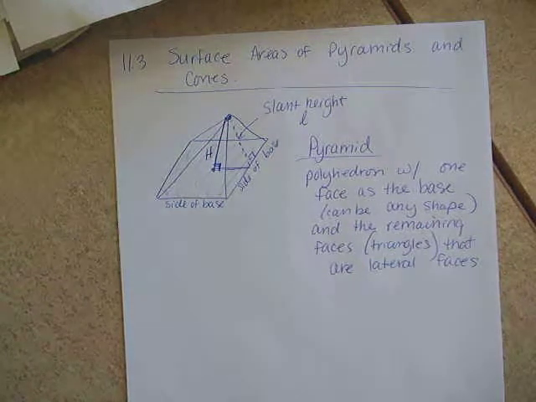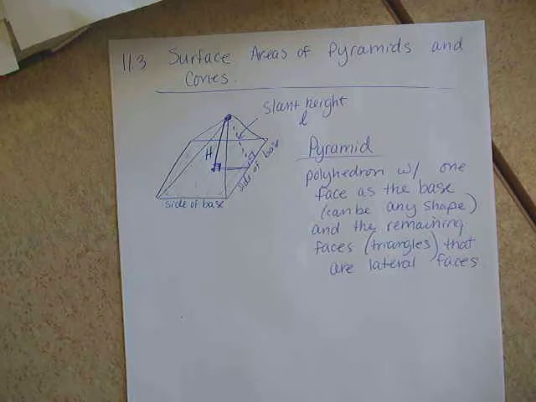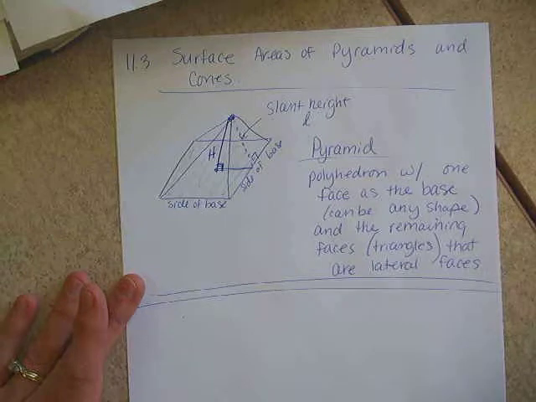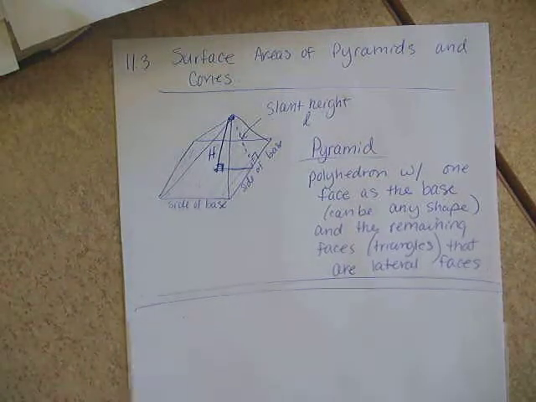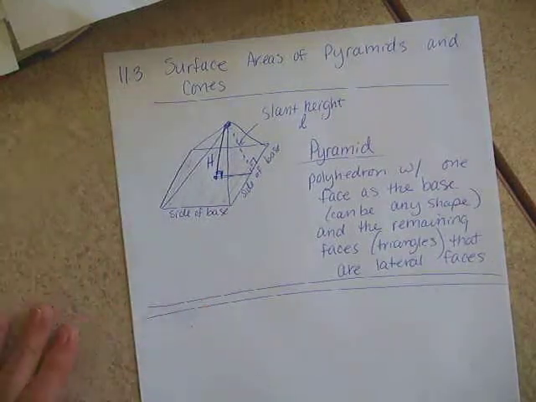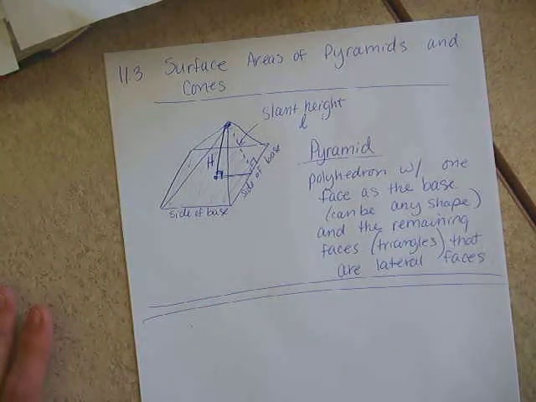So there's one base face and the rest are lateral faces, and they are triangles. Okay, so for identification purposes and knowing where your different parts are, that's what we have here.